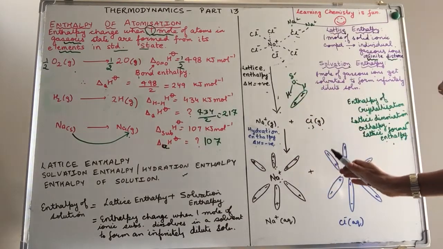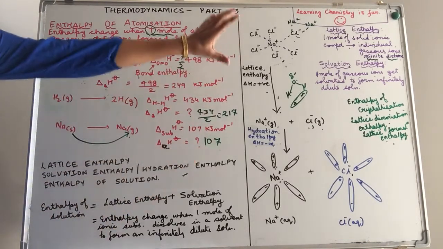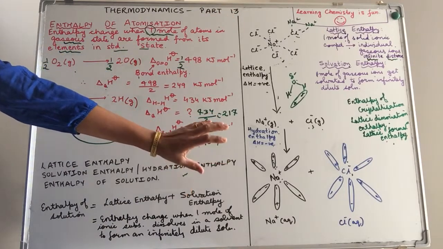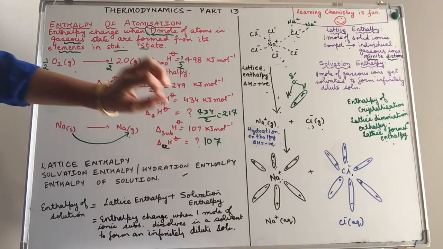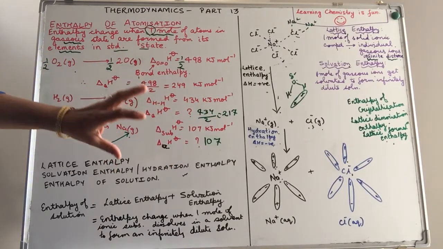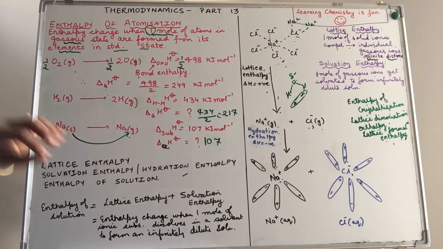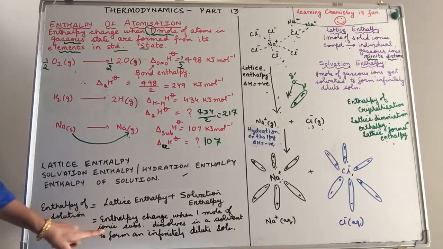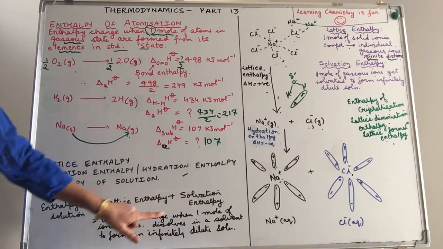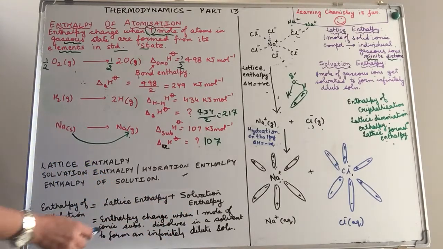Enthalpy of solution. That's the next definition. The whole process results in the formation of solvated ions of sodium and chloride. Basically, sodium chloride has got dissolved in water and we wait till the enthalpy stabilizes. So, enthalpy of solution is the enthalpy change when 1 mole of an ionic substance dissolves in a solvent to form an infinitely dilute solution.